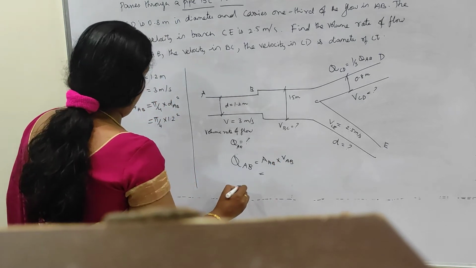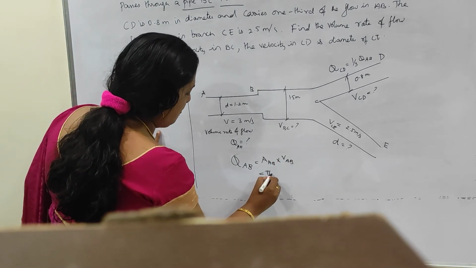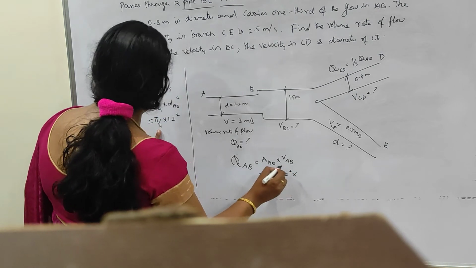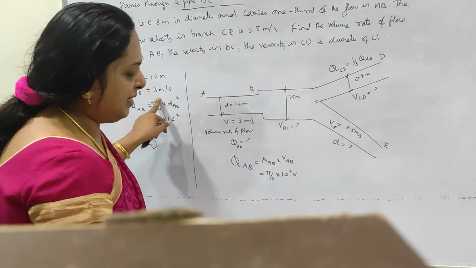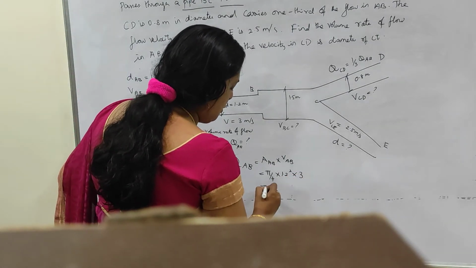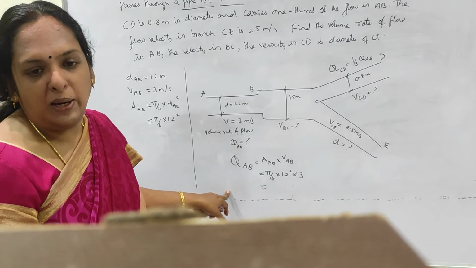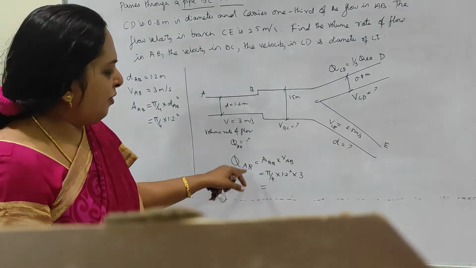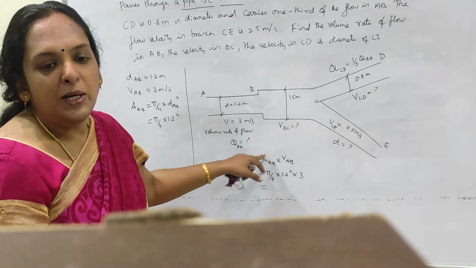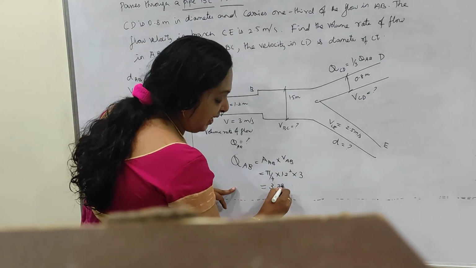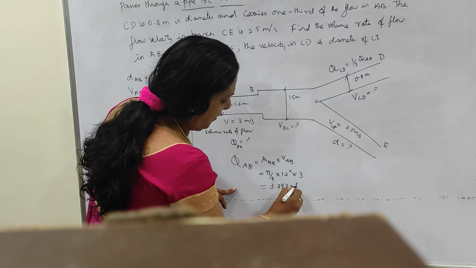Area of AB we have just found as pi by 4 into 1.2 square, into velocity of AB, which is given as 3 meter per second. So it's easy for me to find out the value of my QAB. So QAB is equal to velocity into area. So I have found this, it is 3.393 meter cube per second.